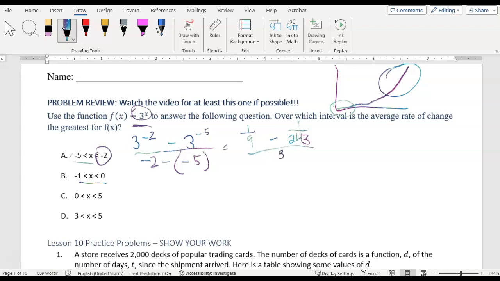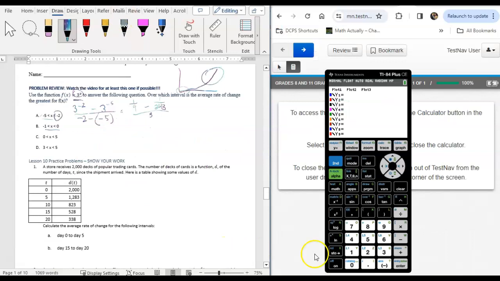So looking at that, you're subtracting a very small fraction from another fraction and then dividing by 3, so you know that this number is going to be very small. If you want to do that, 1 divided by 9, let me show you in the calculator itself. Let's say we are using math and fraction mode.